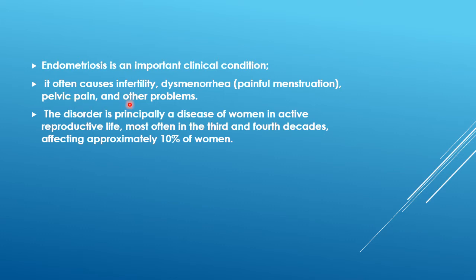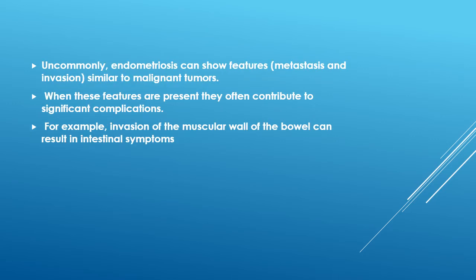This disorder is principally a disease of women in active reproductive life, most often in the 3rd and 4th decades, affecting approximately 10% of women. Uncommonly, it can show features of metastasis and invasion, similar to malignant tumors.